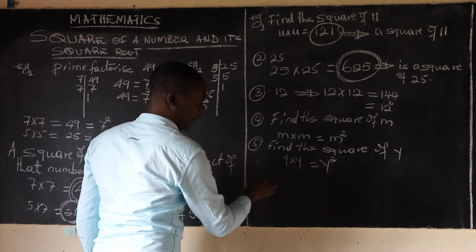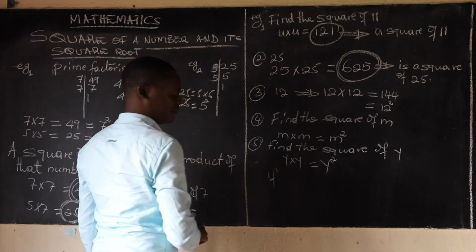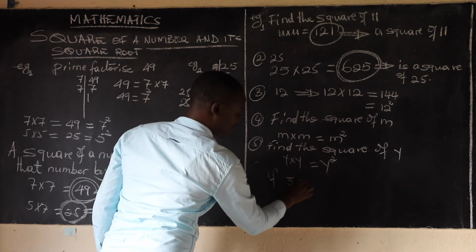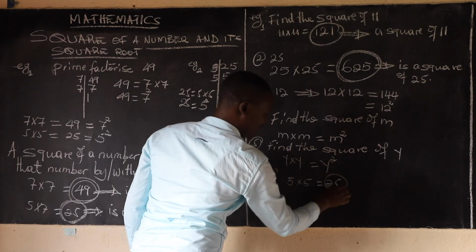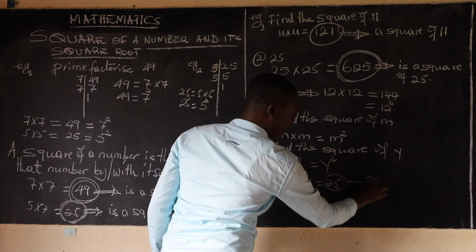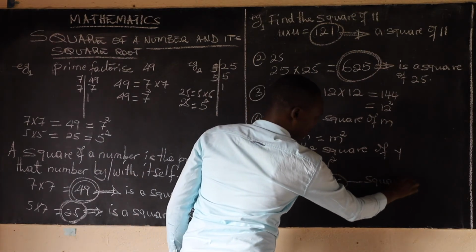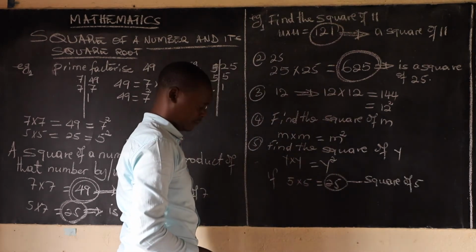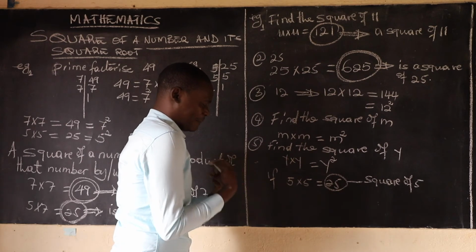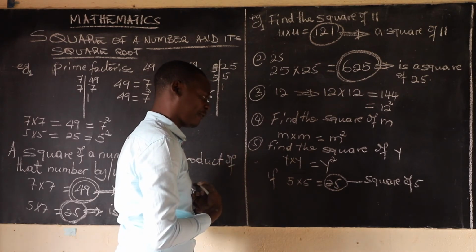This is to mean if 5 times 5 equals 25, we say 25 is a square of 5. Now what is 5? That was multiplied by itself to get 25.